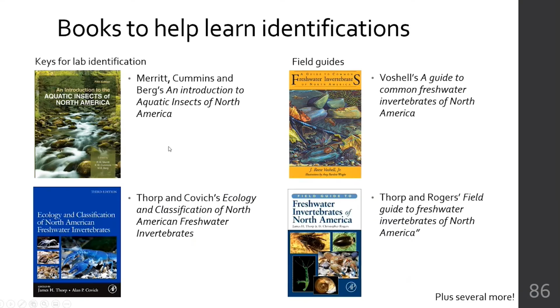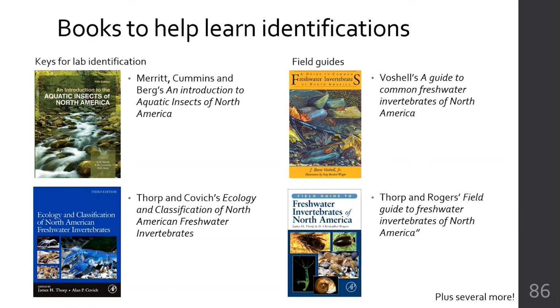Let's talk about some resources. These aren't specific endorsements, but these are products that I've used and found very helpful. If you're trying to do lab identifications, there are some standard keys out there, and the two on the left are probably among the most widely used globally for identifying families of aquatic invertebrates.